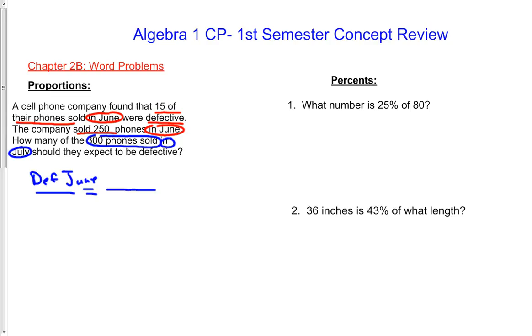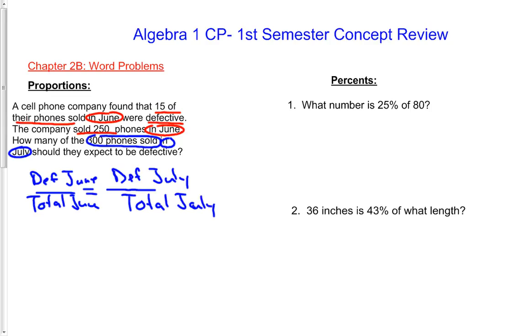And then down below it, I have the total sold in June. Then I go to the next fraction. This talks about July. I'm going to set this up the same way I set up the first one, but the difference is that the month is going to change. So this is the total in July.